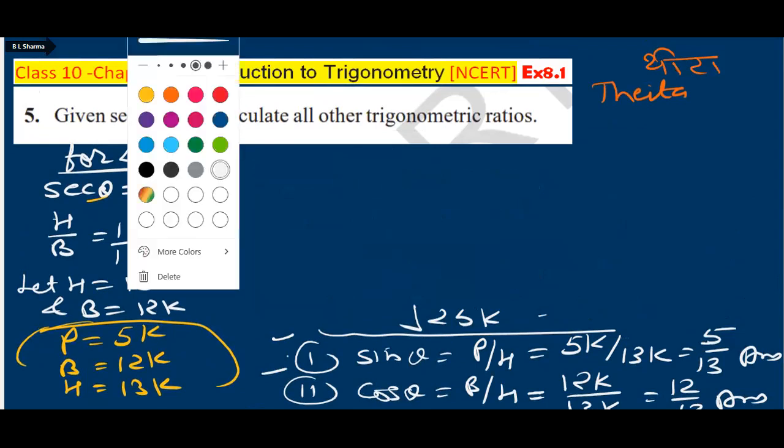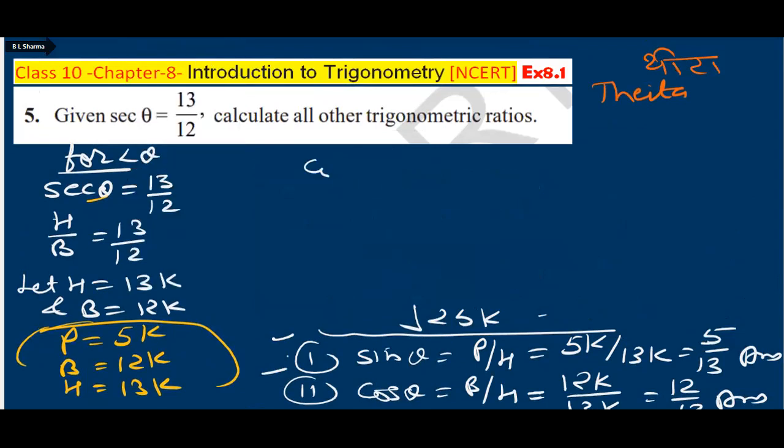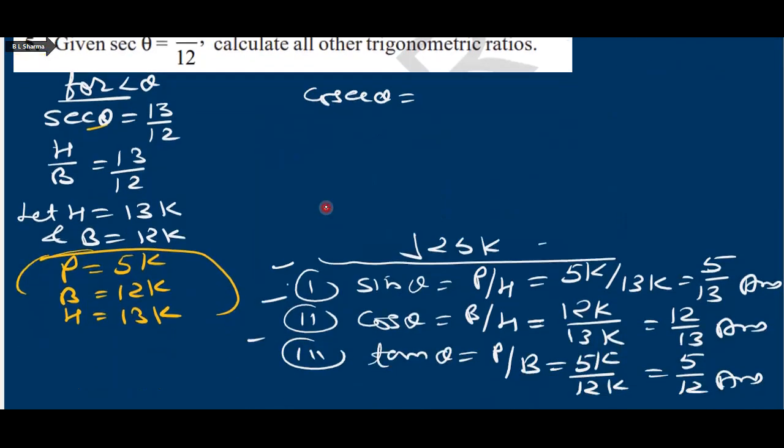Next is cosec theta. Cosec theta is the reciprocal of sine, you can write it that way. So you can write cosec is equal to hypotenuse upon perpendicular, that is 13 upon 5, answer.